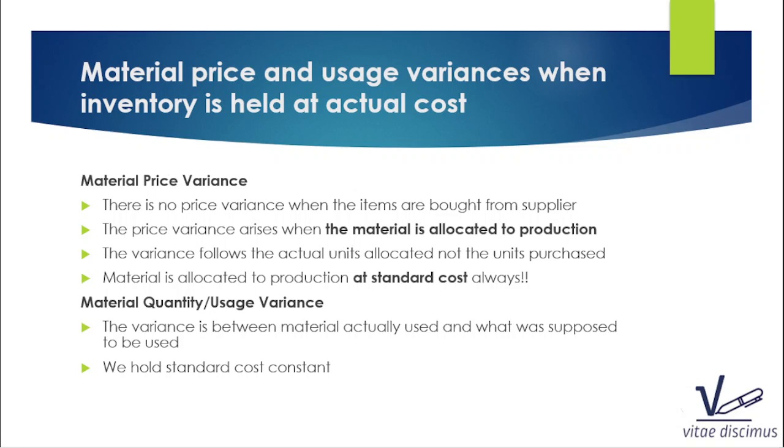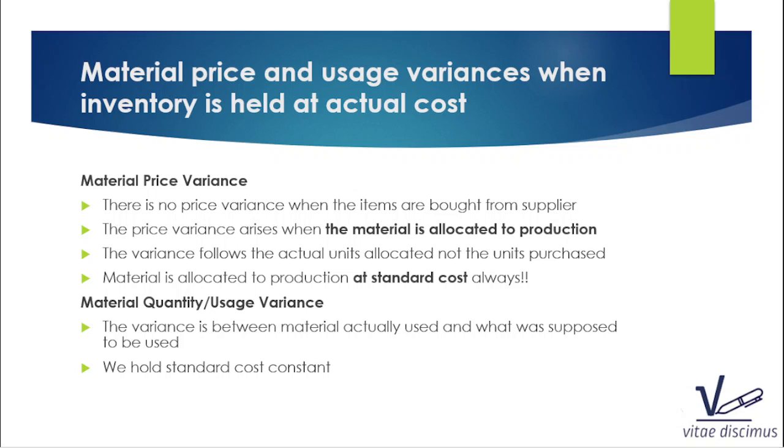The variance follows the actual units allocated, not the units purchased. Material is allocated to production at standard cost always. So as you allocate your material to production, that's when your price variance will arise, based on those units allocated.